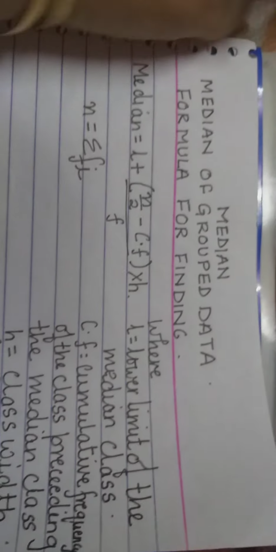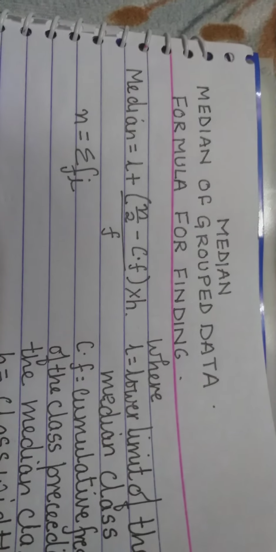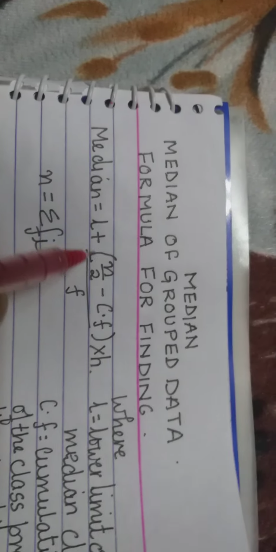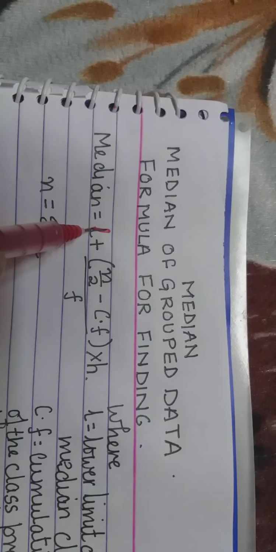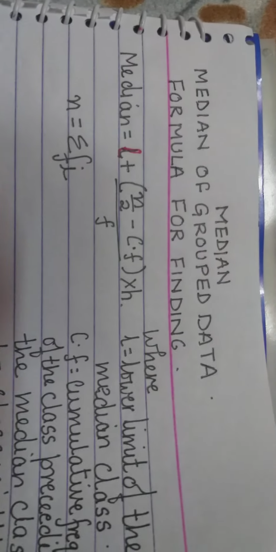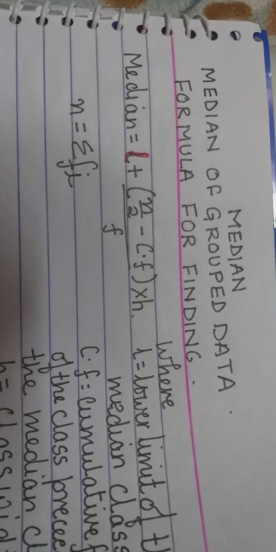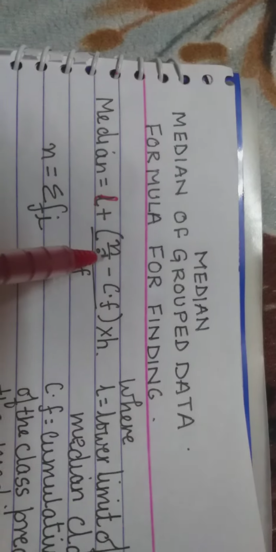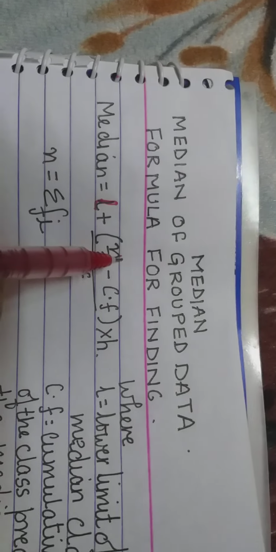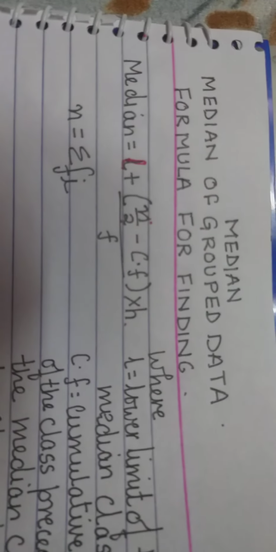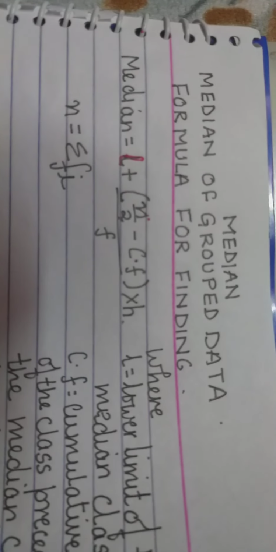Now just see what is median. What is the formula for the median? It is L. And what is L here? L here is the lower limit of the median class. And n upon 2, what is n? N is sigma fi.